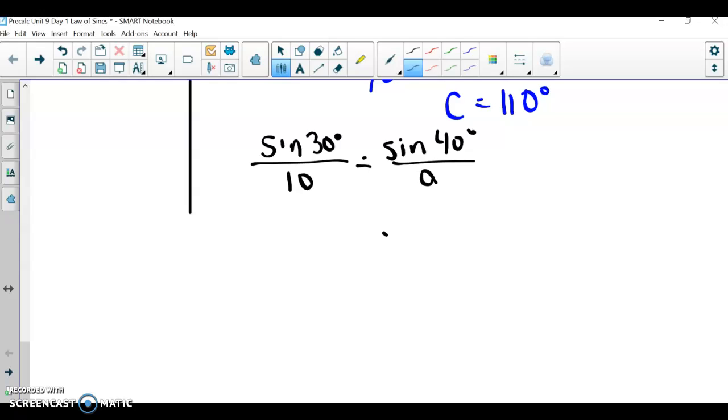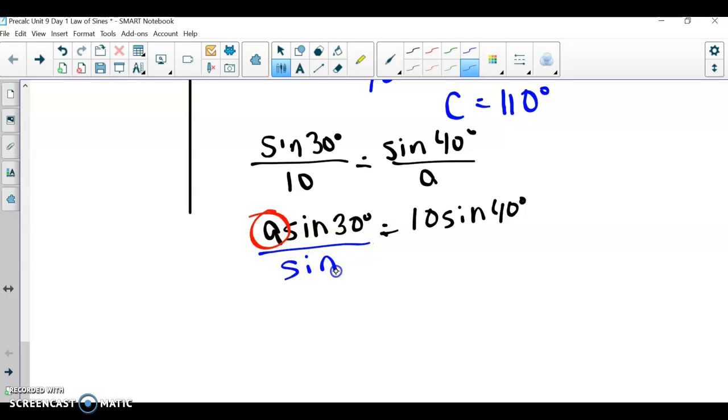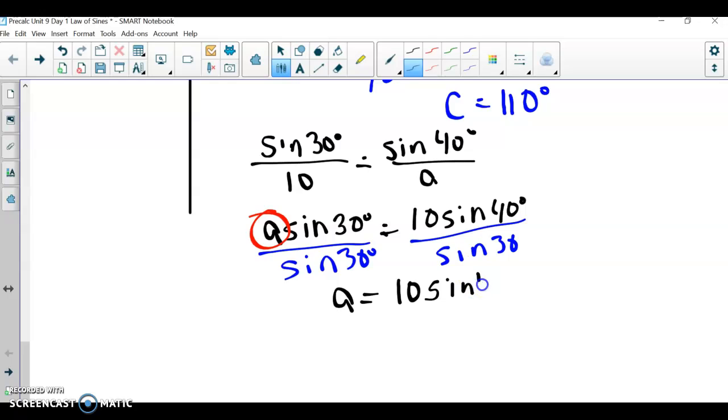So I have A times sine of 30 is equal to 10 sine of 40 degrees. Because we want to solve for A, we're going to divide by sine of 30. And so now I have that A is equal to 10 sine of 40 degrees divided by sine of 30.